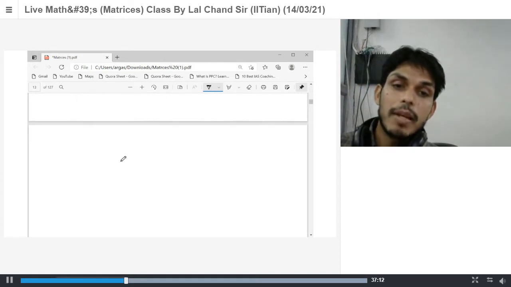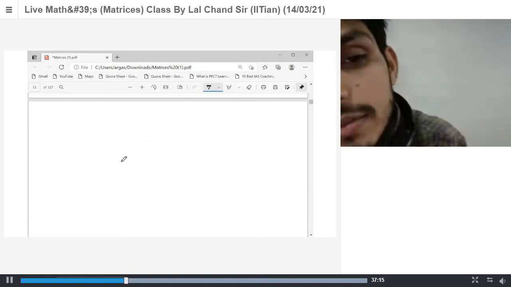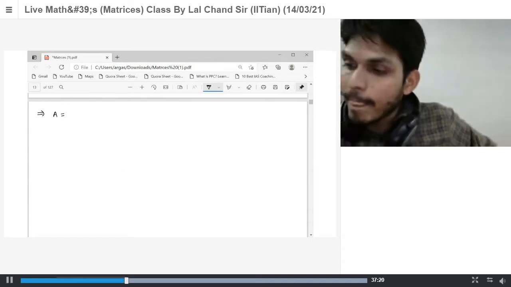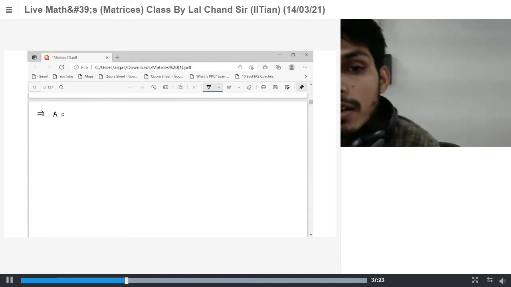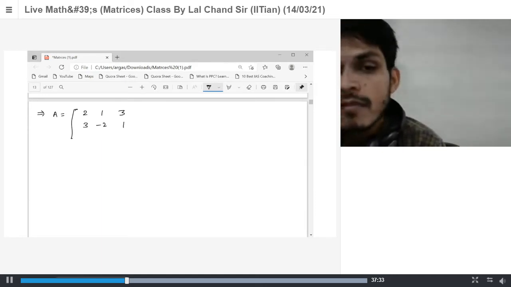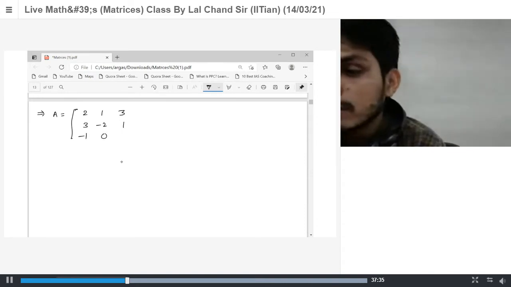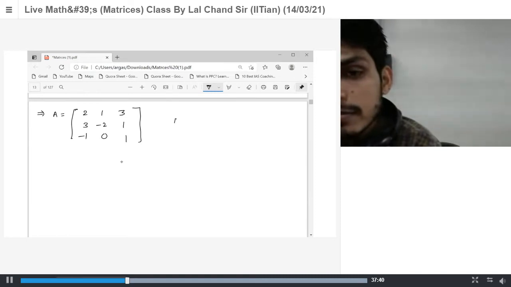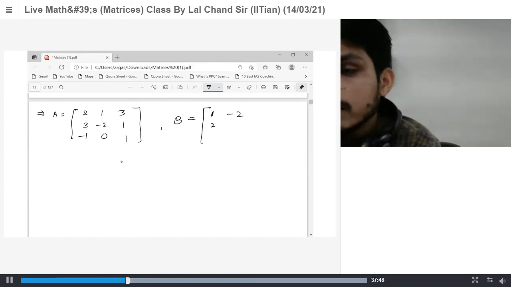Okay, let us try with some example. So I have a matrix A in which the elements are 2, 1, 3, 3, minus 2, 1, minus 1, 0, 1, and matrix B, that is 1, minus 2, 2, 1.